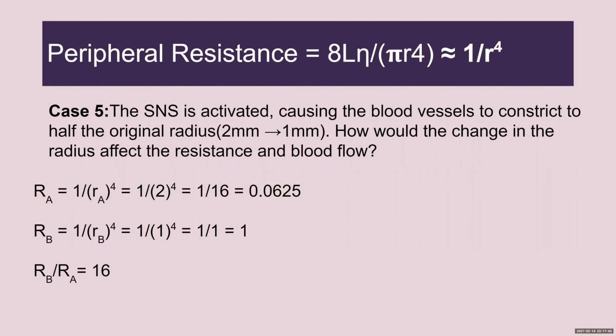So when we work out the equation, here's what we get. Plugging into the 2, our peripheral resistance equals this. And then when we put a 1 in there, if we decrease it by half, then our peripheral resistance equals 1.